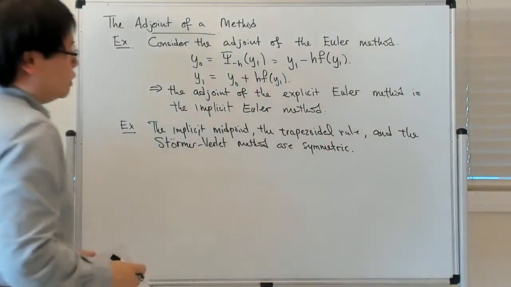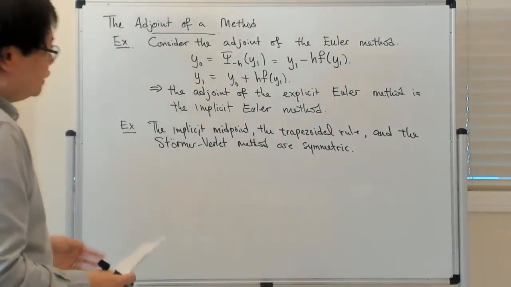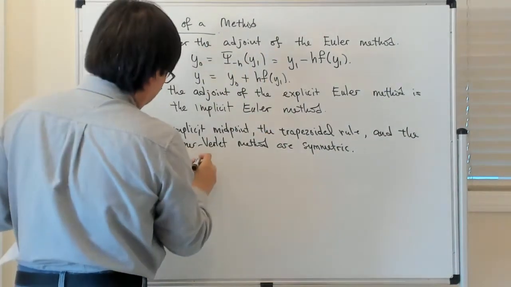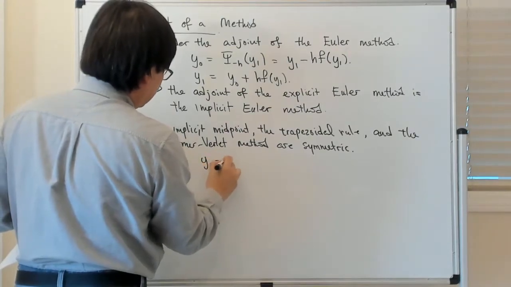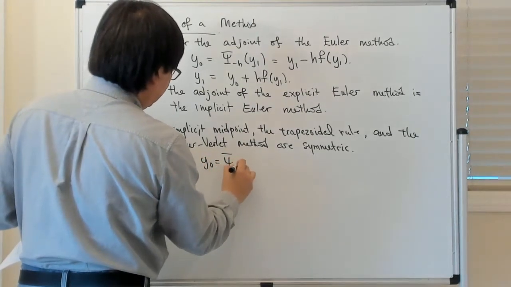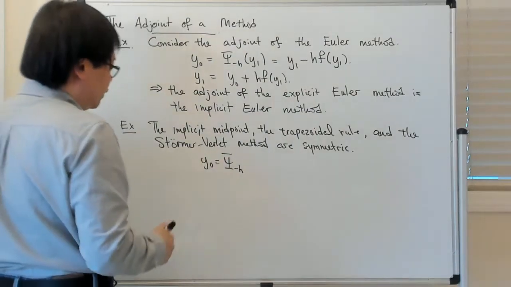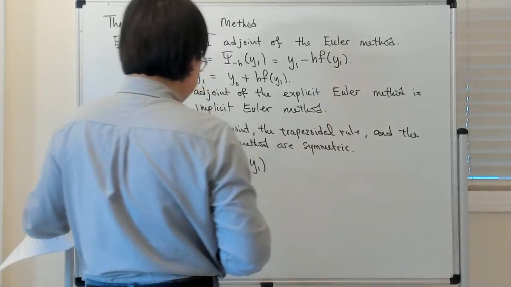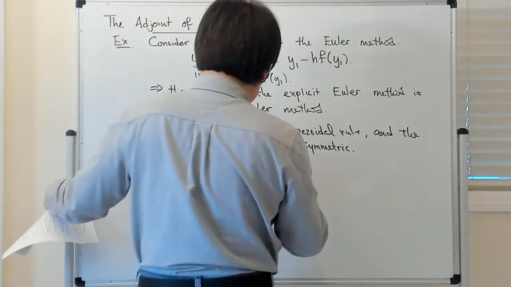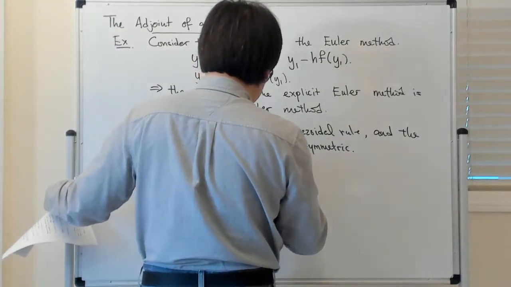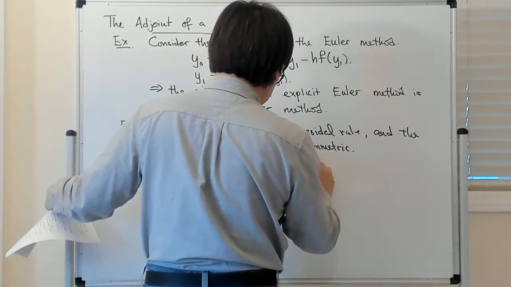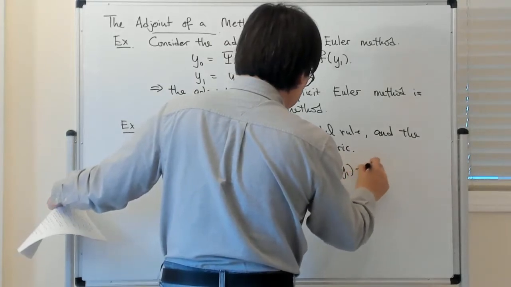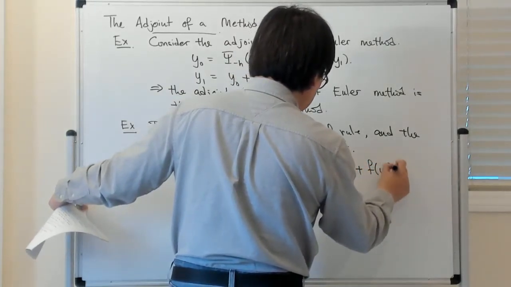Okay, so let's look at an example of this. Again, let's consider the trapezoidal rule. So again, we do the same thing. y0 is the negative time step of this one-step method, which is the trapezoidal rule applied to y1. Okay, so that's equal to y1 minus h over 2 times f at y1 plus f at y0.